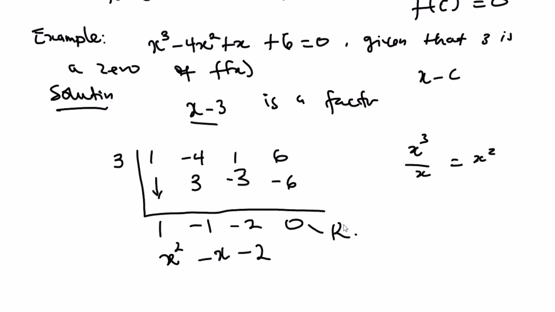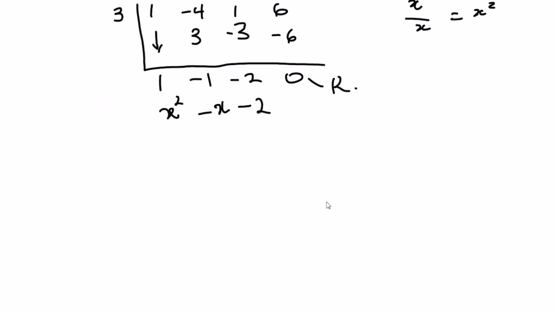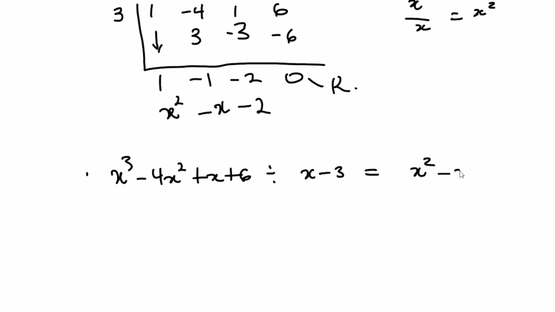Basically, this is a polynomial. We have x cubed minus 4x squared plus x plus 6. We divided it by the factor x minus 3, and we are getting x squared minus x minus 2.